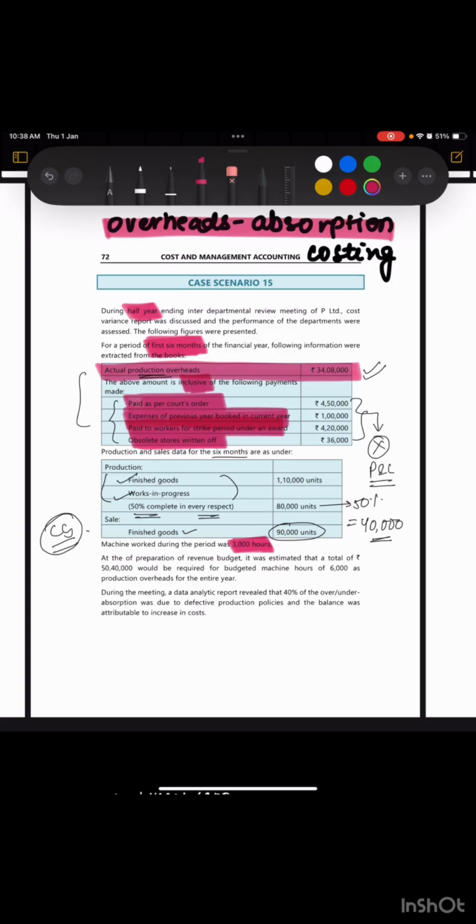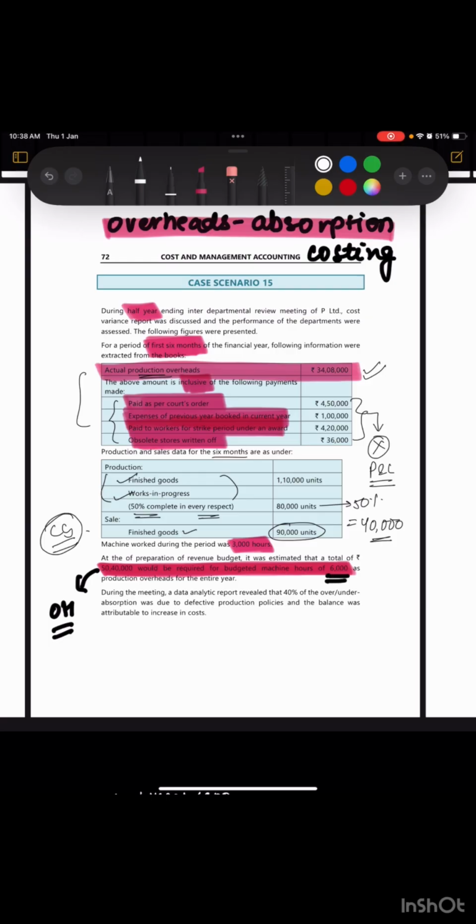Now at the preparation of the revenue budget, 50,40,000 was estimated to be required for budgeted machine hours of 6,000. So here we have been given the budgeted overheads for the whole year, and the machine hours are 6,000.